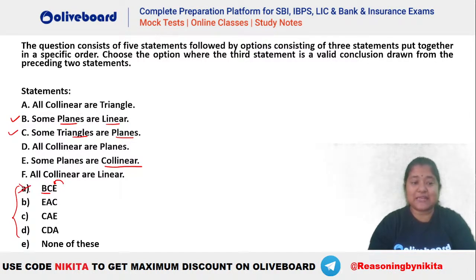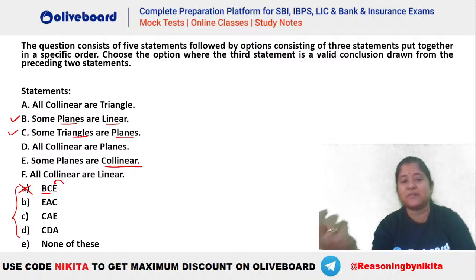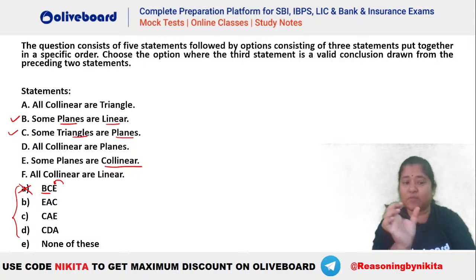That means B, C and E cannot be the one that we are looking for, right? So when you take B and C, E cannot be a definite conclusion. It will become a possibility because collinear is not there in B and C. But it is not a definite conclusion. You have to tell out of the options in which the first two are taken as statements, and the third is automatically derived as a definite conclusion. Okay, so the first is eliminated.